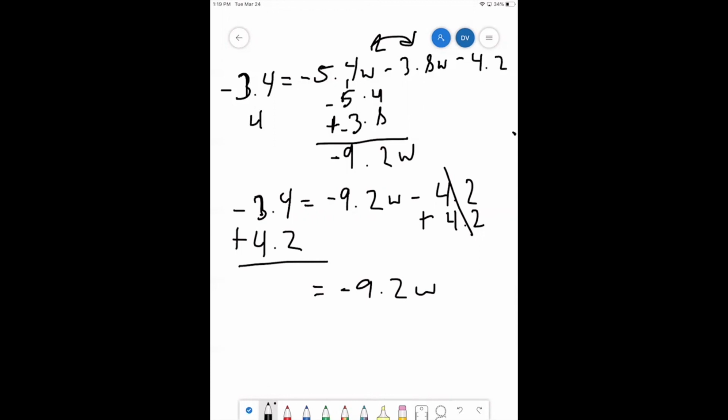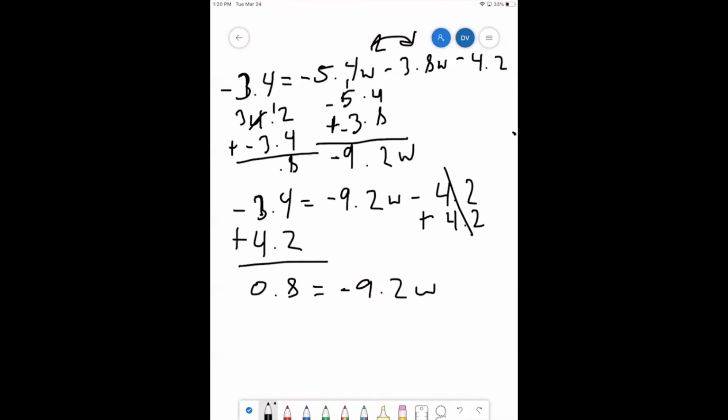Let's do 4.2 plus negative 3.4. So we have to borrow. So let's do 3, 12. So 12 minus 4 is 8. So we're at 0.8 here.